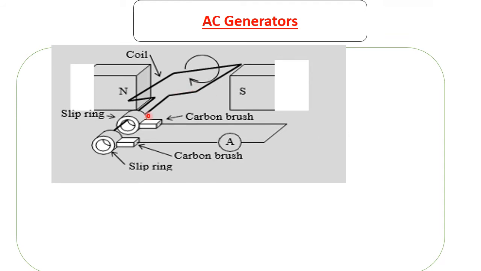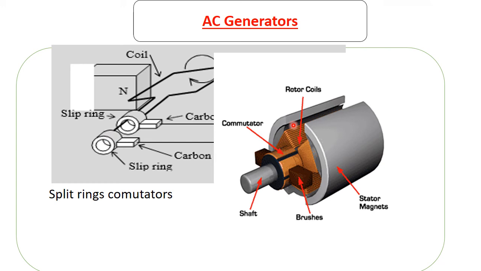Now there are two types of rings that can be used here. There are these slip rings, and there are also what are called split ring commutators. I'm sure some of us have seen this somewhere. So these are called split ring commutators. The difference between split ring commutators and slip rings is that slip rings are cylindrical.